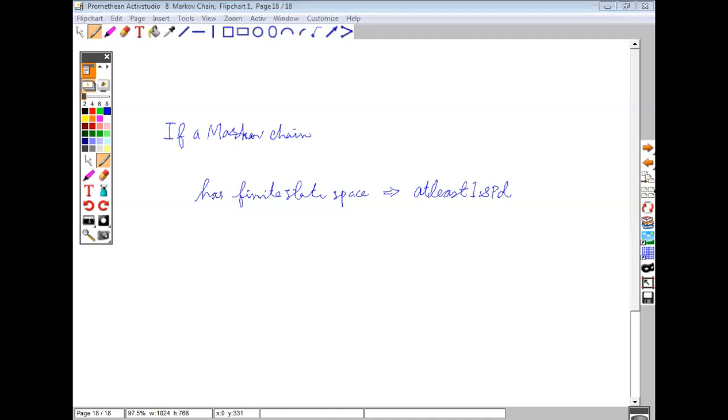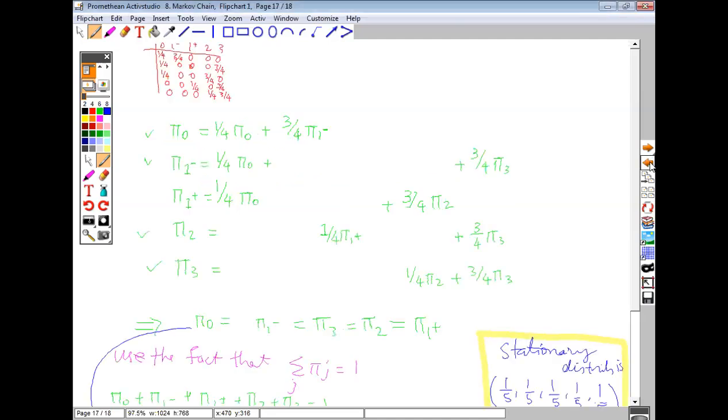Essentially what you're doing is solving a set of linear equations that you have derived from the transition matrix, right? Whatever answers you get for these equations, let me give you a very basic example: x plus y is equal to 9.